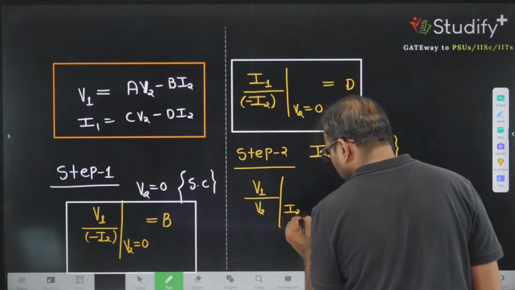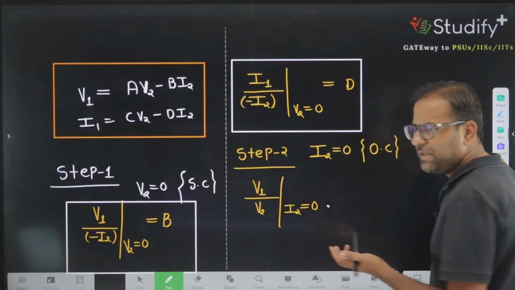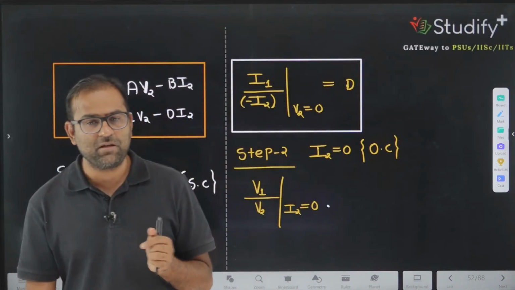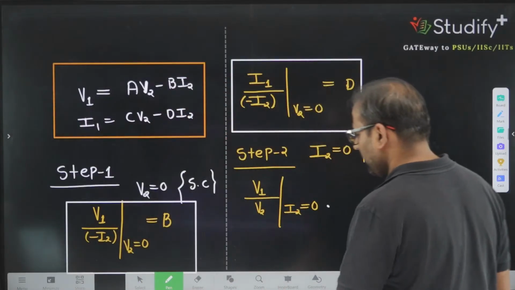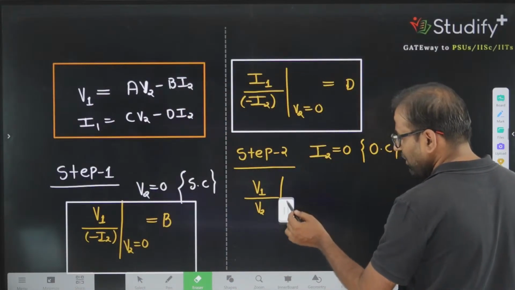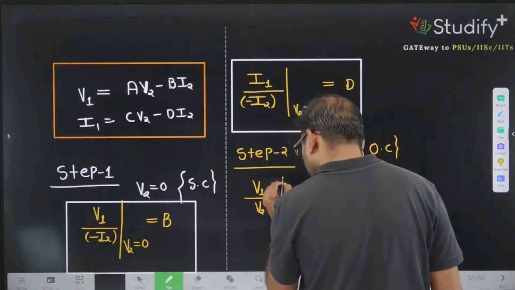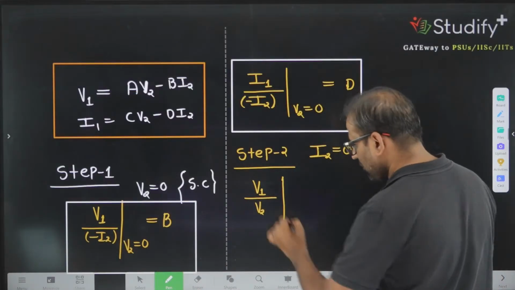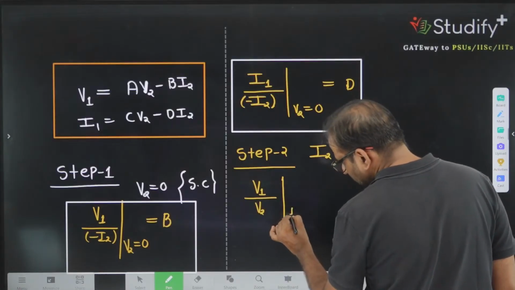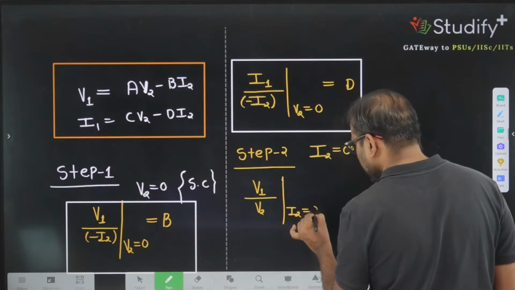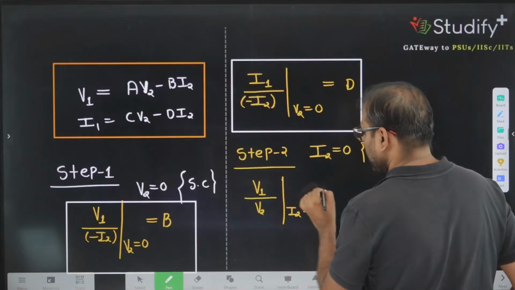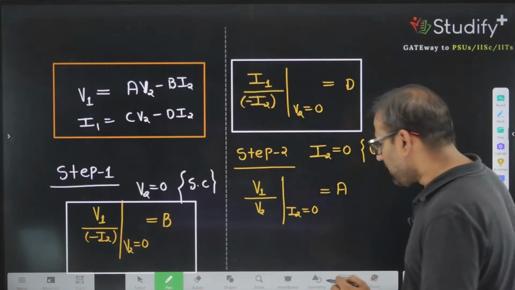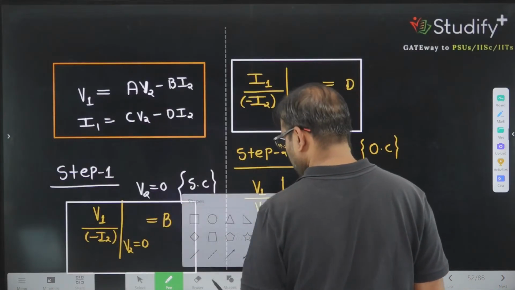You can call it reverse voltage gain, but the name is meaningful when you are calculating it for a specific device. So V1 divided by V2 by making I2 equal to 0, this parameter is known as A. You can call it reverse voltage gain. And what is one more parameter?